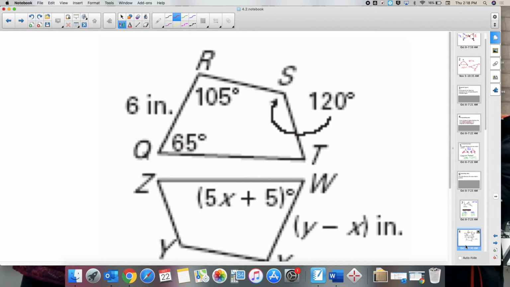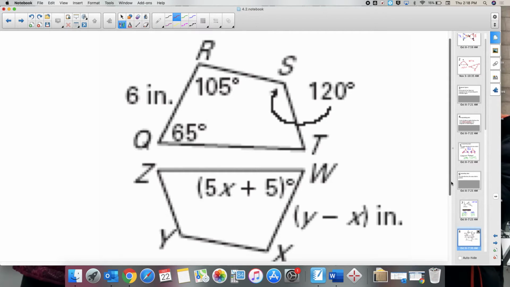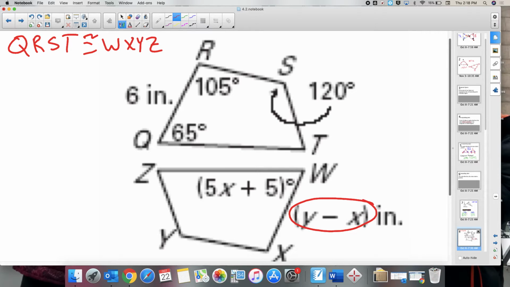It says, in the diagram, figure QRST is congruent to figure WXYZ. First off, it says find the value of x. Well, there's 2 x's in my picture. I could look at WX, and I know WX.